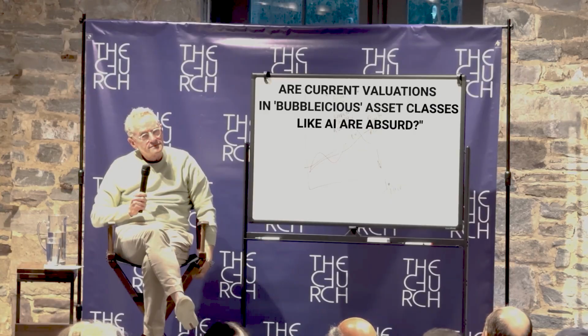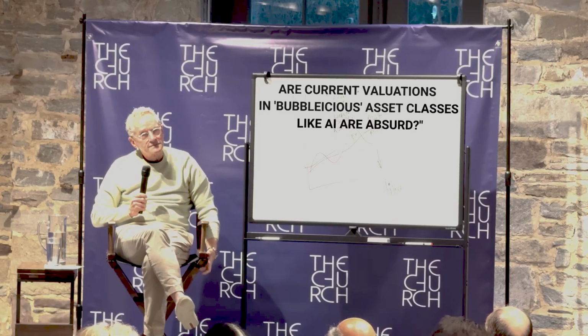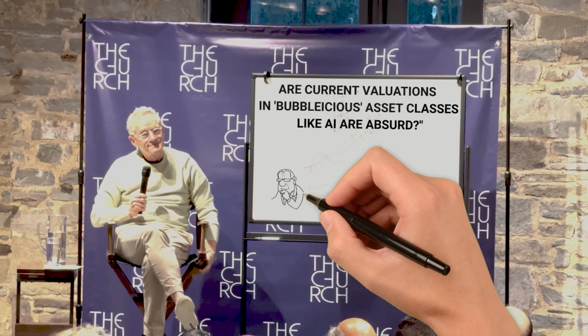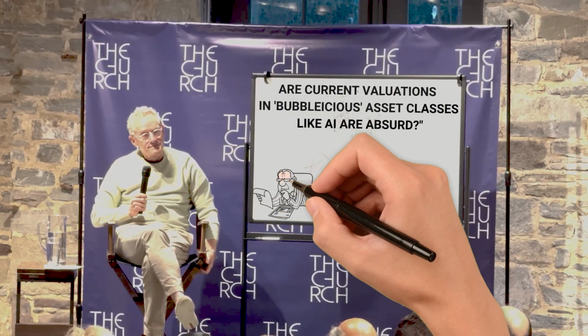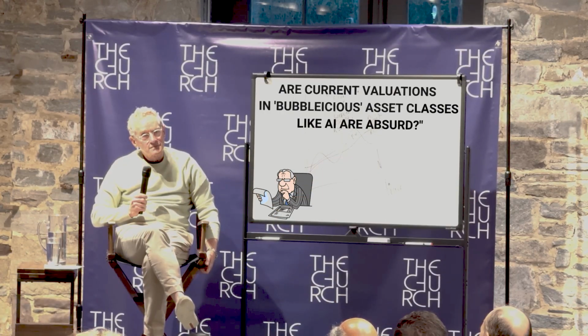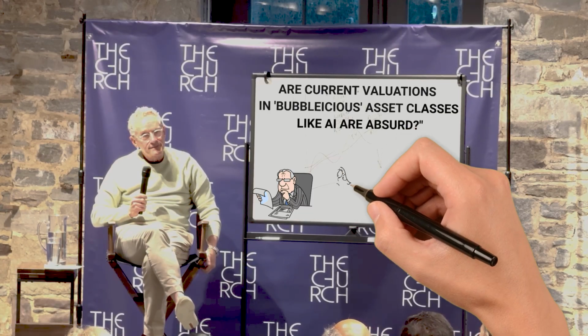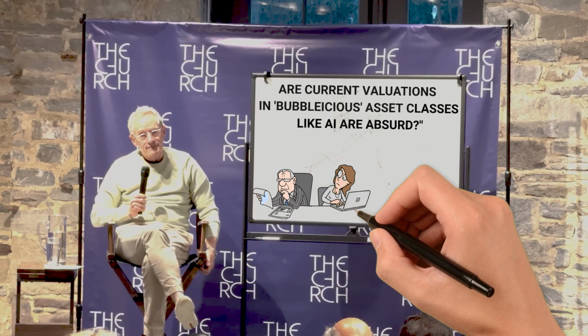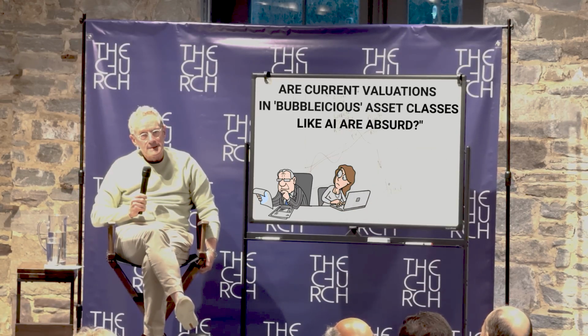So on your April 12th, I think memo, maybe it was April 13th, you talk about DEF CON, and you talk about sort of overvaluation. Do you have a view on what asset classes are bubble-icious? Is AI going to continue, or do you think that the valuations are just absurd?